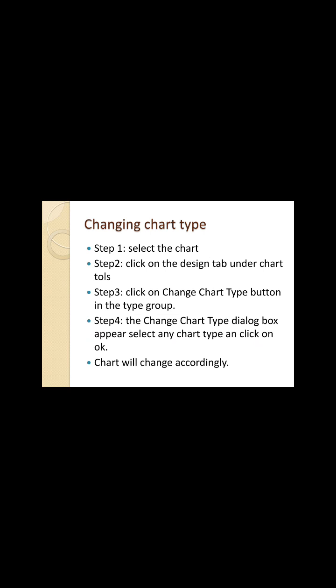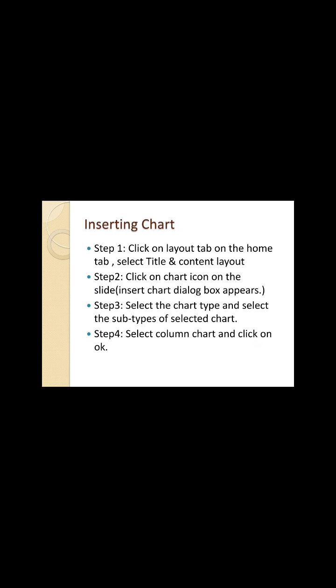Step 2, click on the chart icon on the slide, and the insert chart dialog box appears. Now step 3, select the chart type and select the sub chart type. From the dialog box you have to select which type of chart you want to insert, whether it is a column chart, bar chart, pie chart, donut chart, area chart or line chart, whichever is suitable for your data.